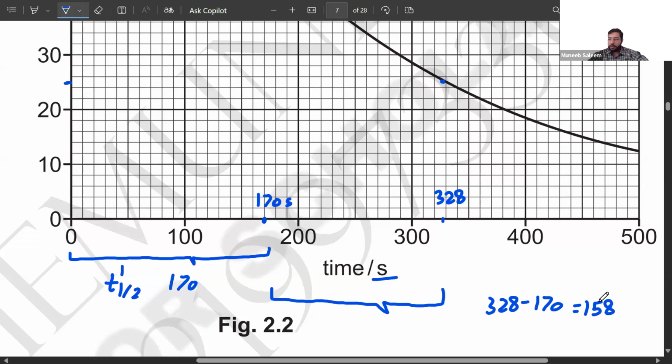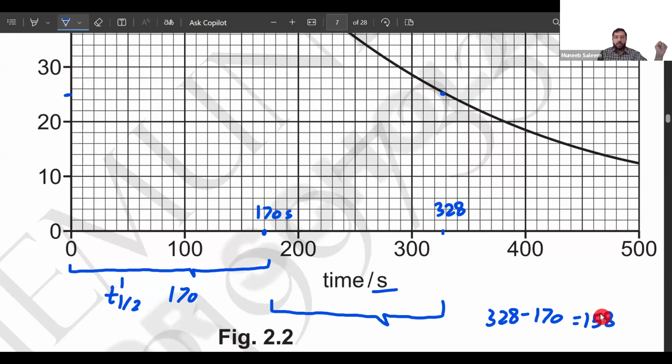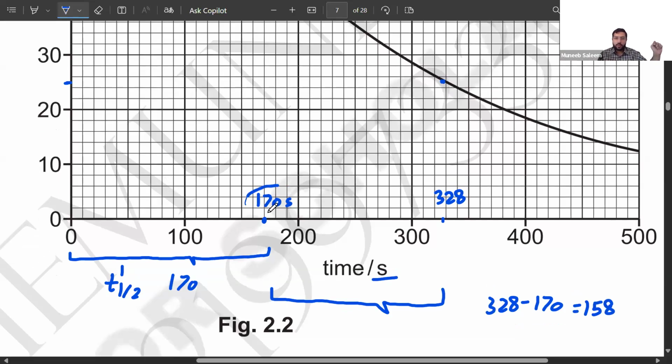So you can see 170 and 158, they are not a big difference. They are almost a difference of 12 seconds. So we can say that roughly the half-life is the same.